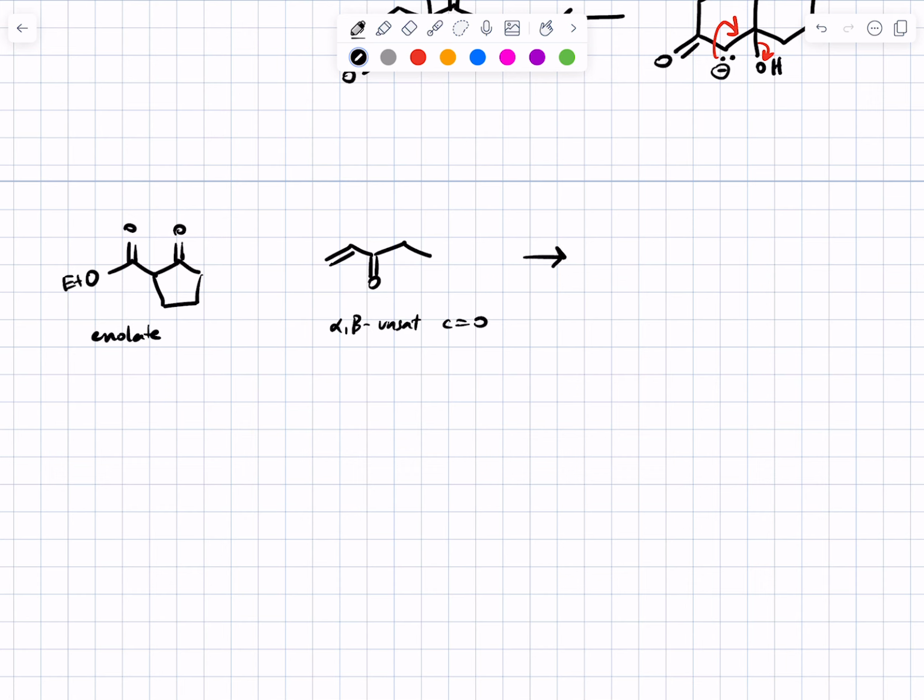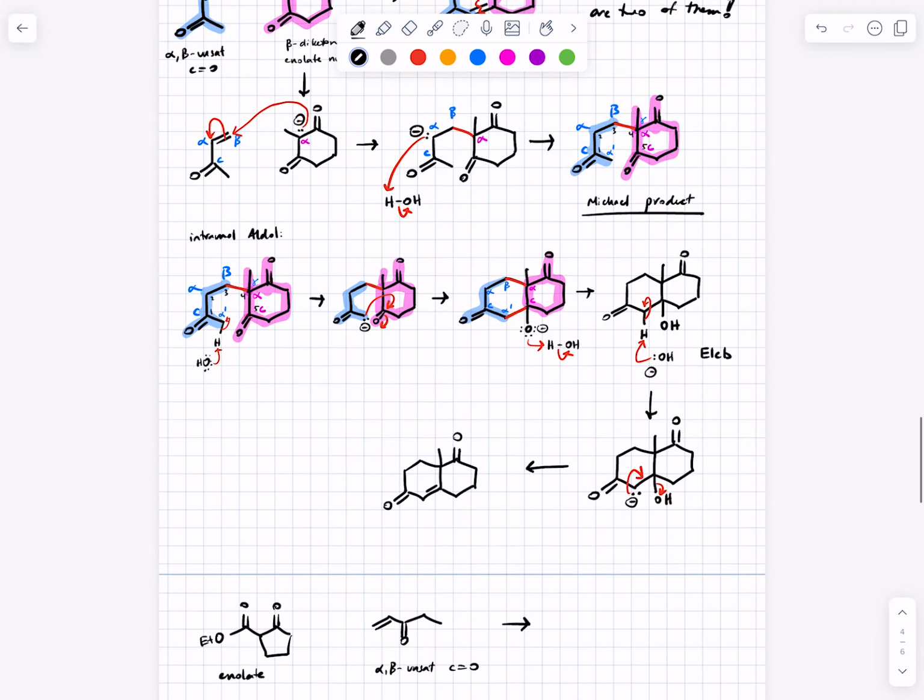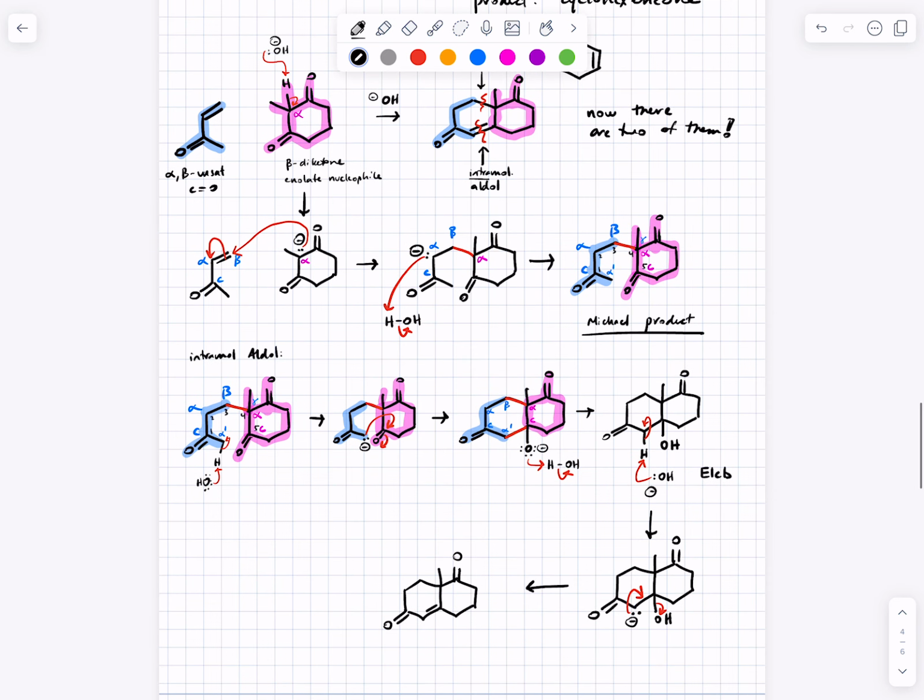You don't have to draw the mechanism. As you're starting out, you may wish to draw the mechanism in order to help you predict the products. As you get better at this, you won't necessarily need the mechanism. It may help you at this stage to draw the starting materials in the same orientation that we used here.